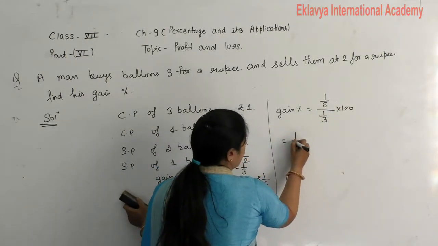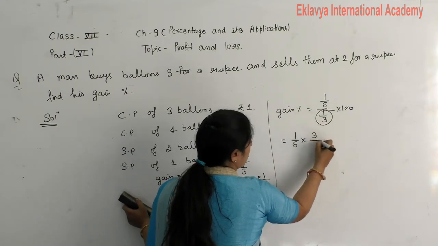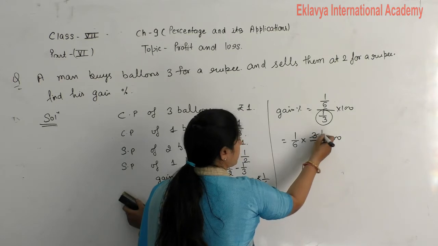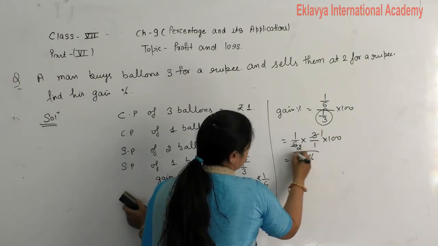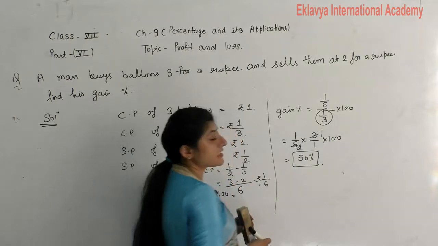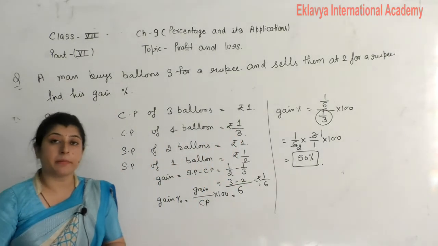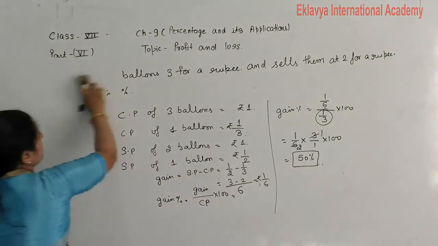When you solve it, it becomes 3 by 6 multiplied by 100, that is 50%. What is the gain percent? That is equal to 50%. Okay. Now see the last question.